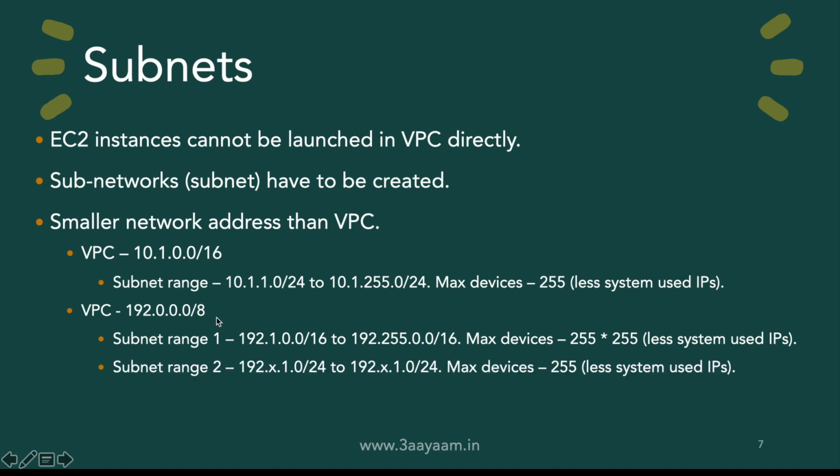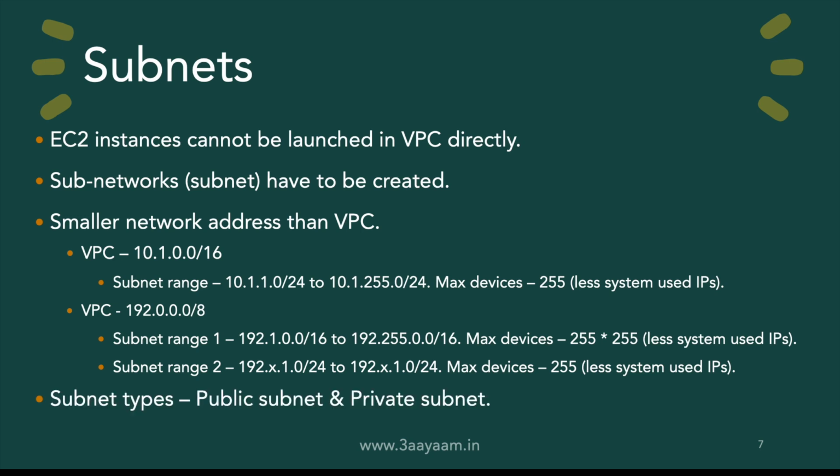Subnet range 2 can be 192.some value.1.0/24 to 192.some value.255.0/24, and the maximum devices can be 255 minus the system-used IPs.